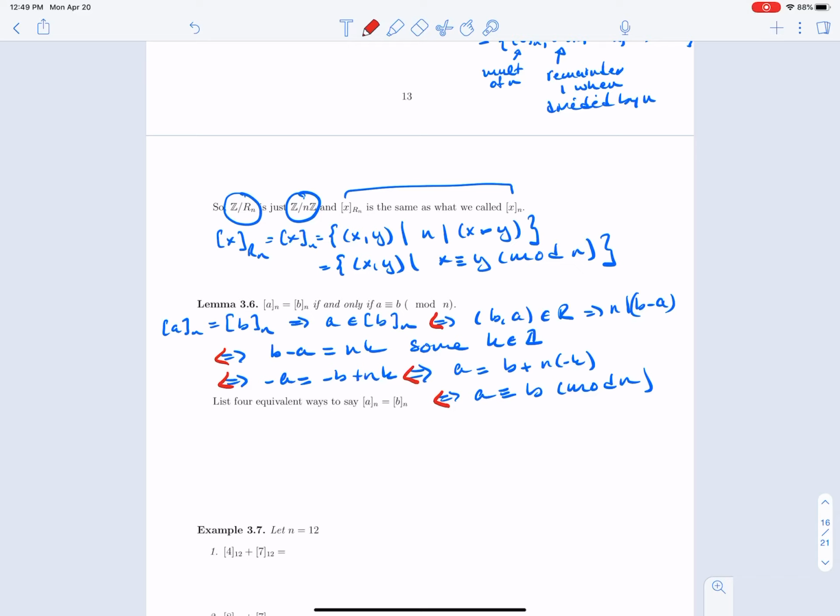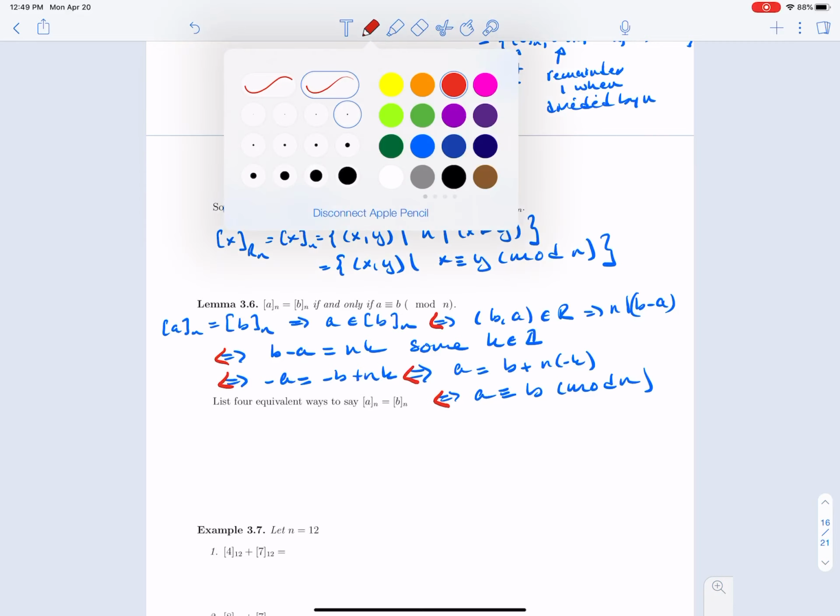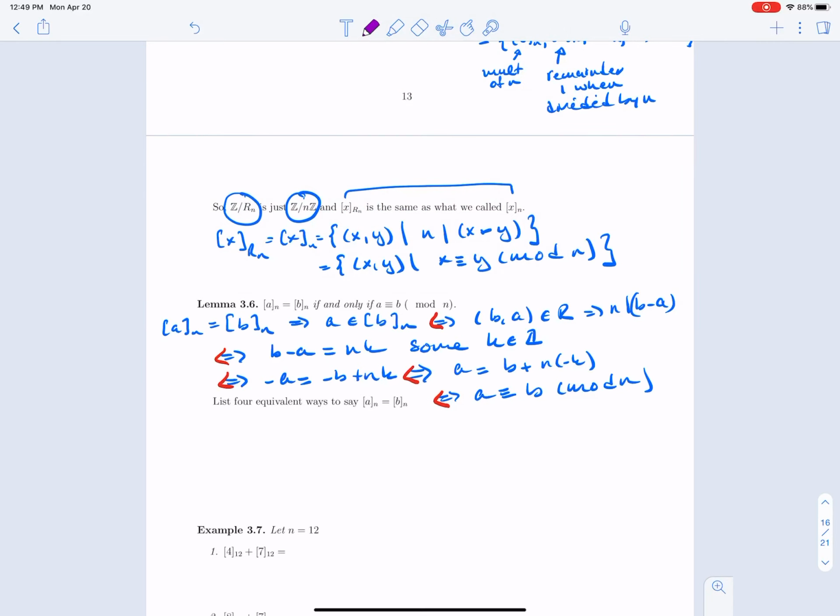Okay, so we've got lots of different ways of saying that the class of A mod n is equal to the class of B mod n. We just proved that this is equivalent to saying that A is congruent to B mod n. And we know that that is equivalent to saying A minus B is equal to a multiple of n.